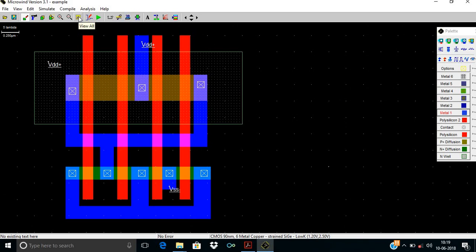All the contacts and connections are completed now.